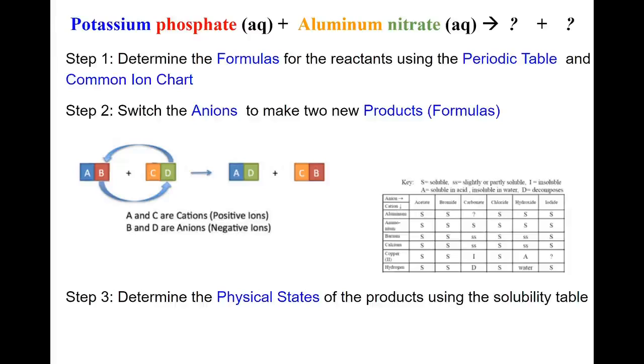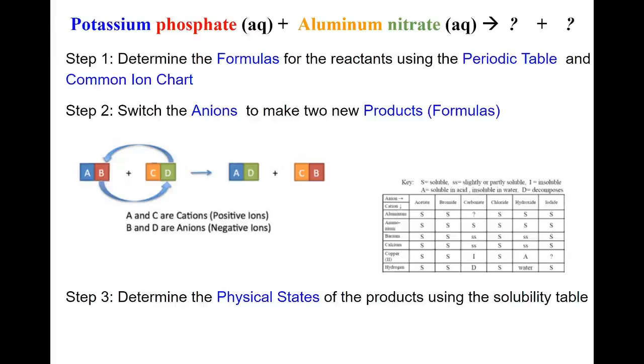I suggest that you rewrite your 2 cations. So in this graphic, I have A and C are my cations. Those are my metals. And then you swap out the anions. So those would be D and B. Those are my negative ions, my nonmetals. I swap those anions between my 2 cations to make new compounds.